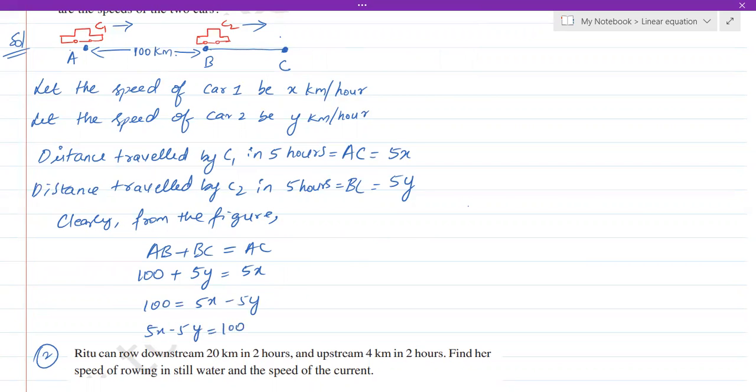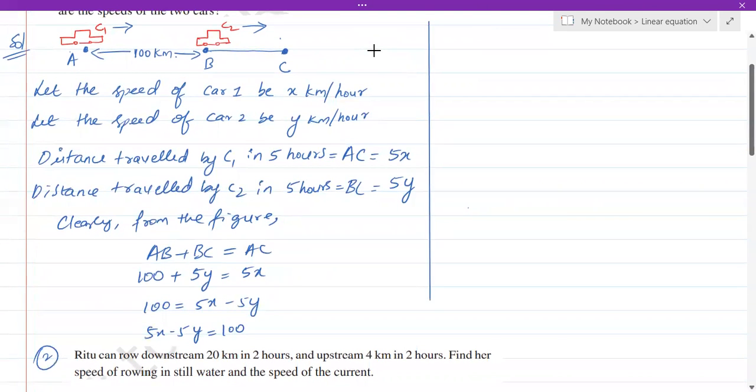Taking 5 as common, x minus y is equal to 100 by 5, which is 20. This will be our equation 1.